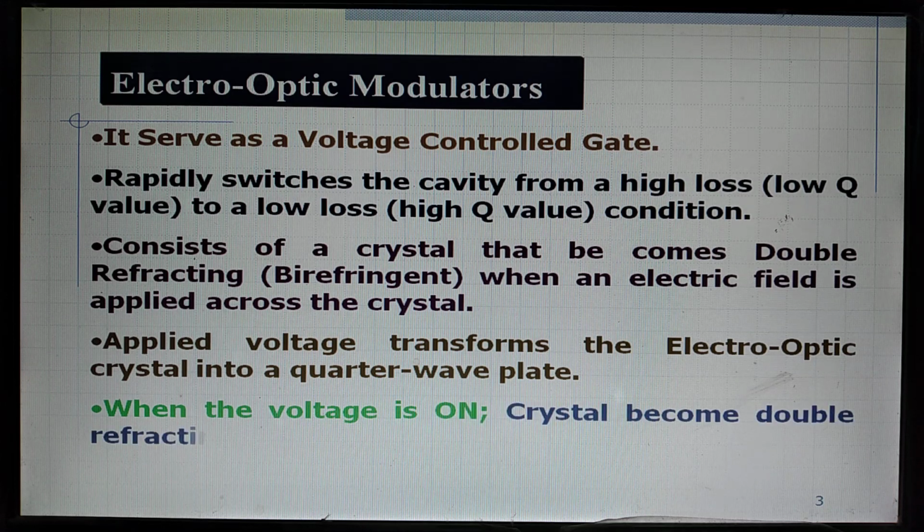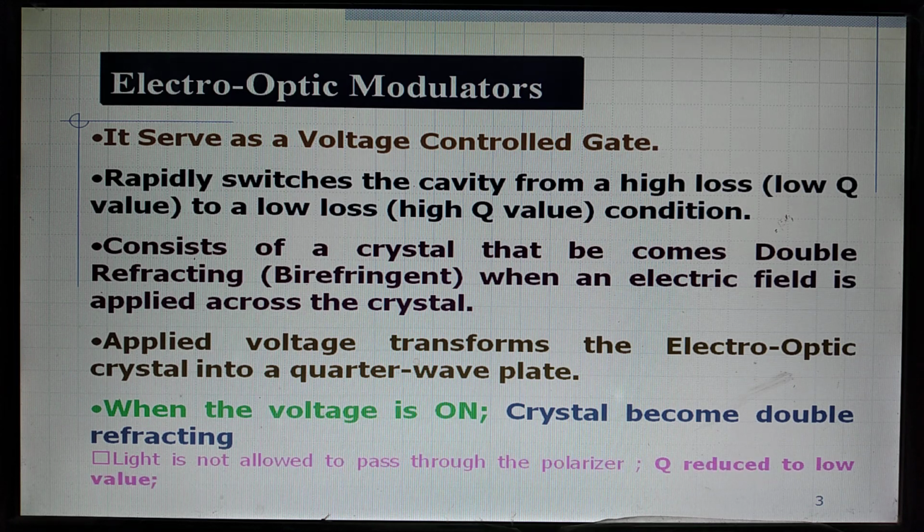When the voltage is on, the crystal becomes double refracting. Light is not allowed to pass through the polarizer, that means Q is reduced to a low value. We can say the cavity is switched off.